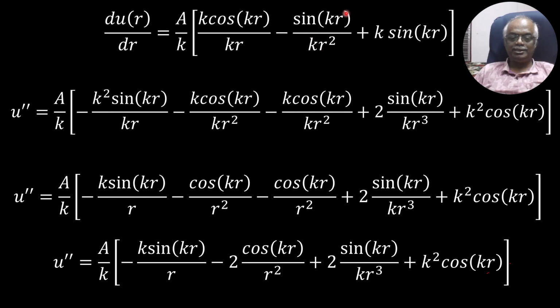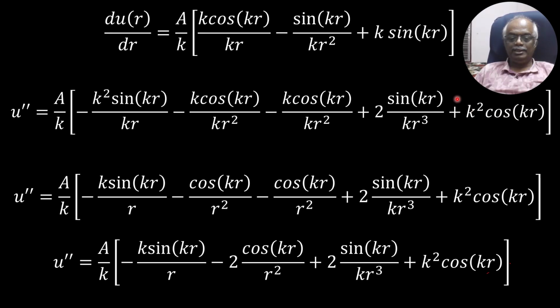K is a constant, so differentiating 1 over r squared gives minus 2 over r cube. So minus of minus will become plus, so this will become 2 times sin kr over kr cube. Then what about this? Sin kr, if you differentiate, you will get k cos kr. Already one k is here, so this will become k squared cos kr.